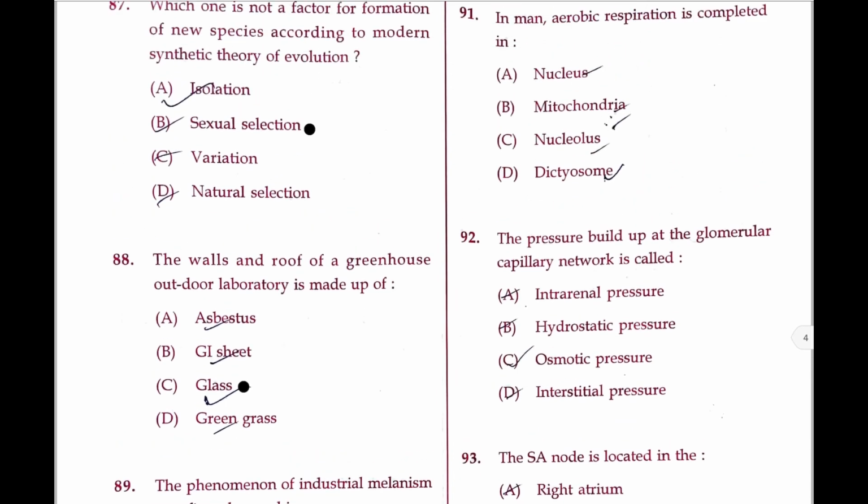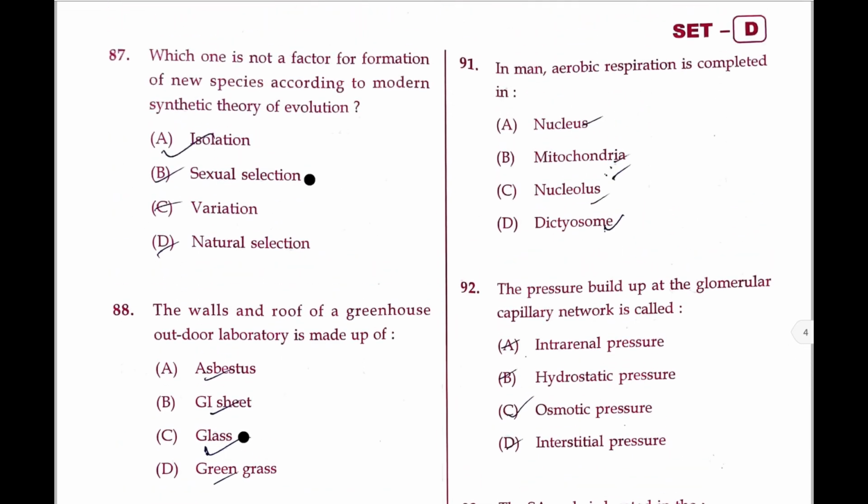Next question. In man, aerobic respiration is completed in dash. The answer is mitochondria, that is option B. Next, the pressure buildup at the glomerular capillary network is called dash. The answer is option B, that is hydrostatic pressure, GHP.